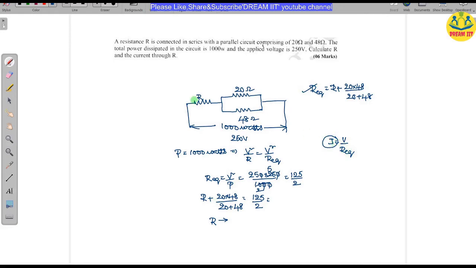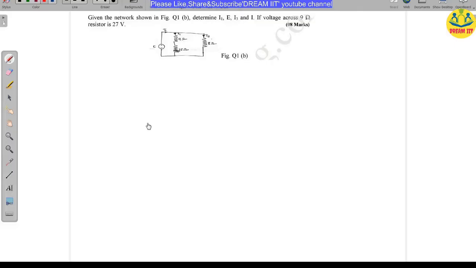The same total current is flowing here, because after coming to this point the current is divided. Up to this point the current is the same. What is the current flowing through R? This is also given for 6 marks. I have given the idea, and I left the calculations for you to do.